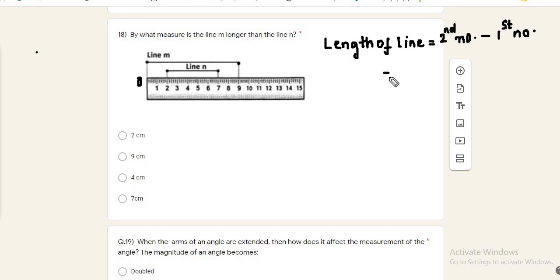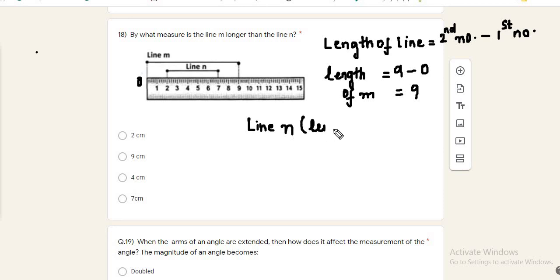So the second number is 9 and the first number is 0. So the length of M is 9. Now let's talk about the length of line N. It will be the second number minus the first number.